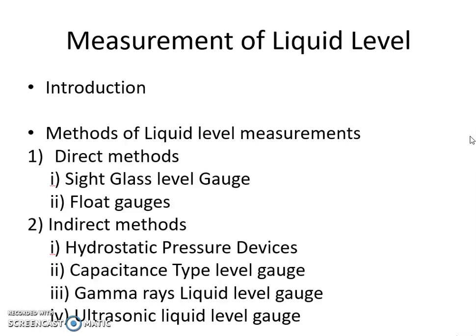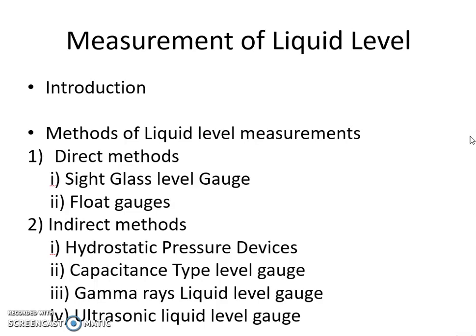This liquid level is an important process variable in process plants, which use large quantities of liquid such as water, or the liquid may be chemical or solvent, or anything. In process industries, it is necessary to calculate the quantity of liquid, so liquid level measurement is required.